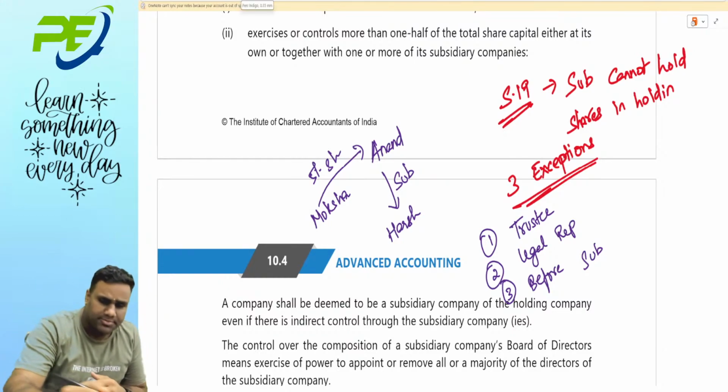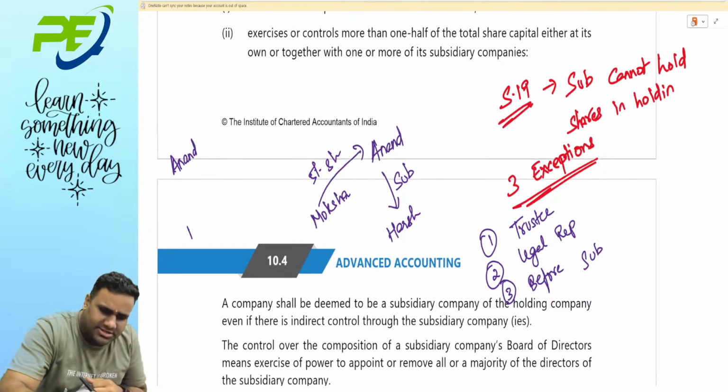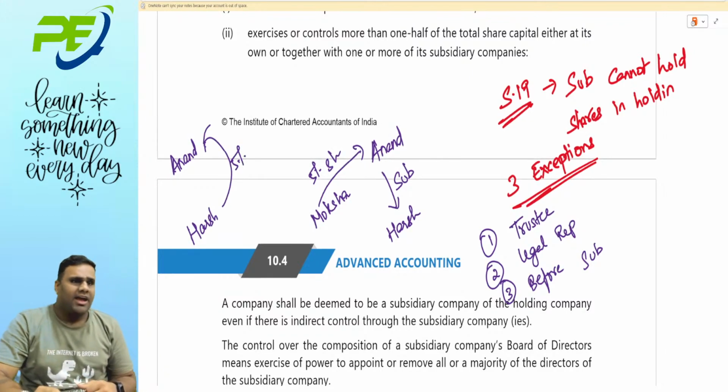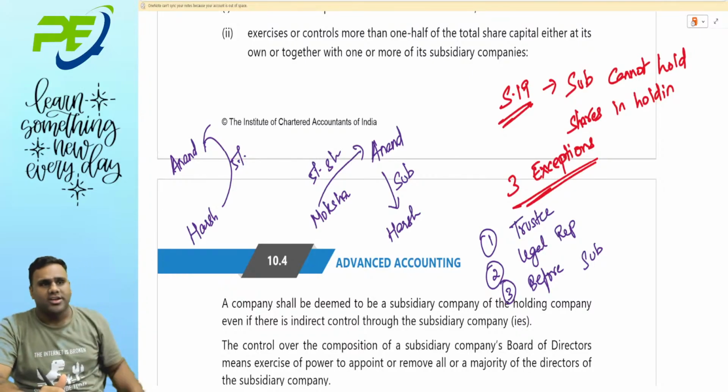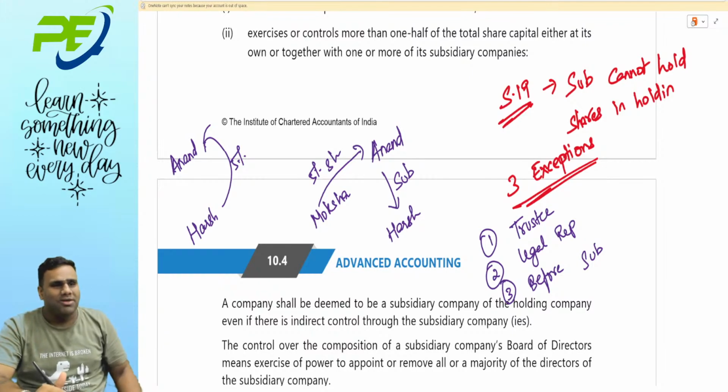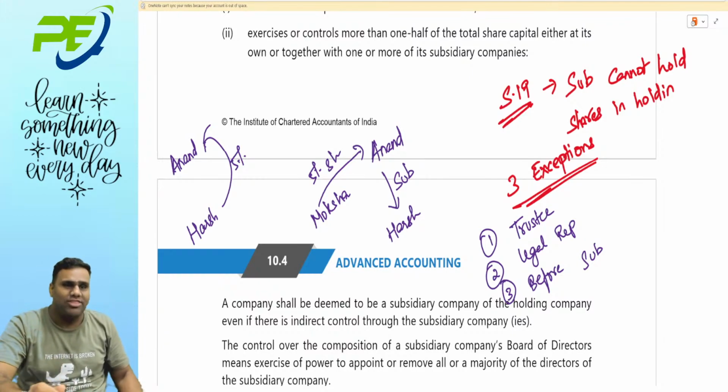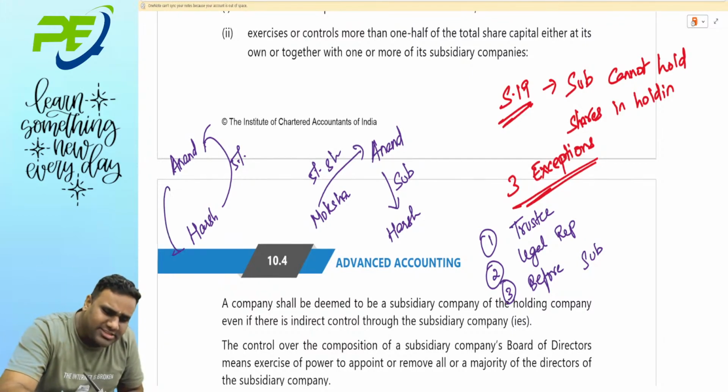Now, second example. Anand and Harsh. Harsh had 5% shares of Anand Limited. Now, Anand's ego got hurt. How come you are having 5% shares of my company? I will purchase 60% shares of your company.